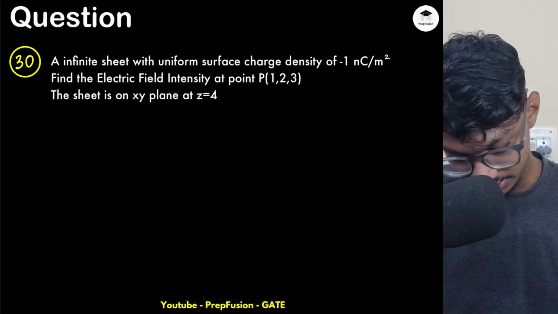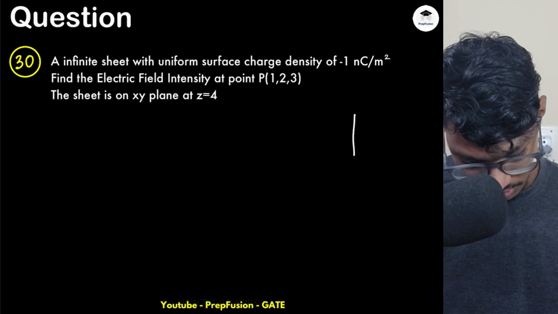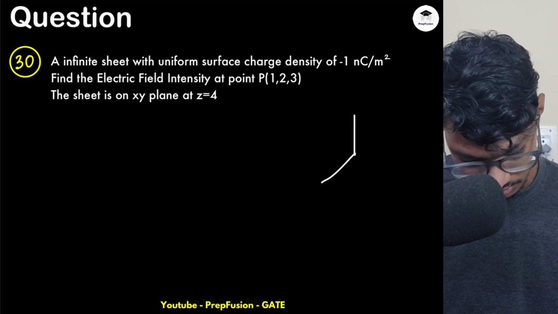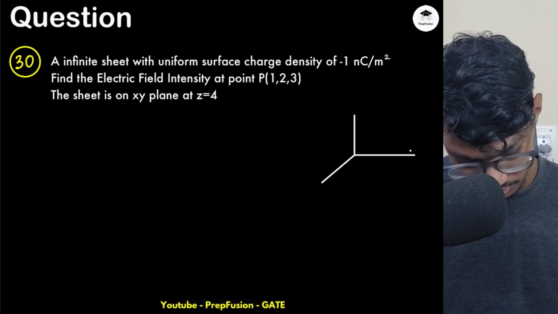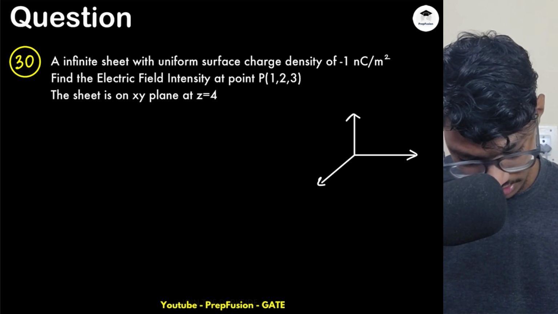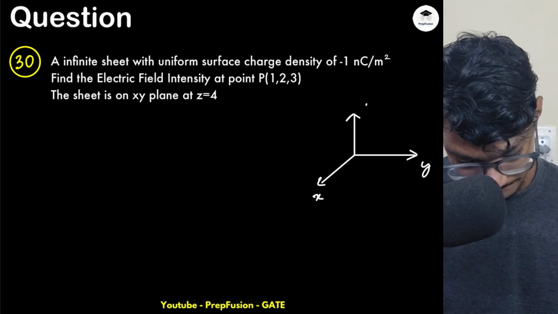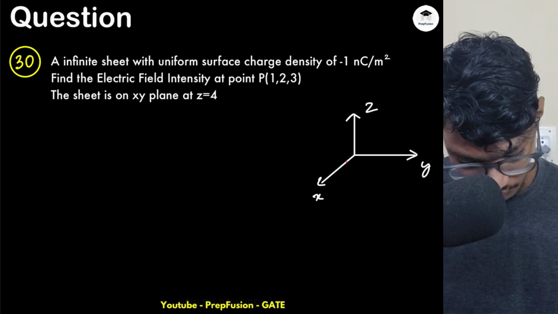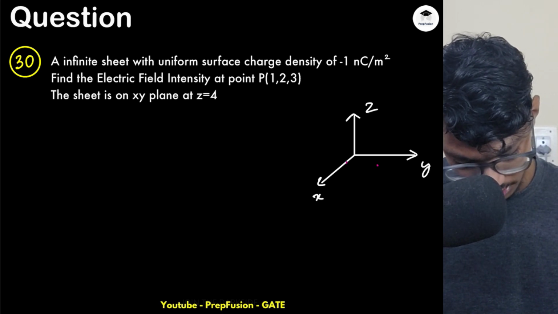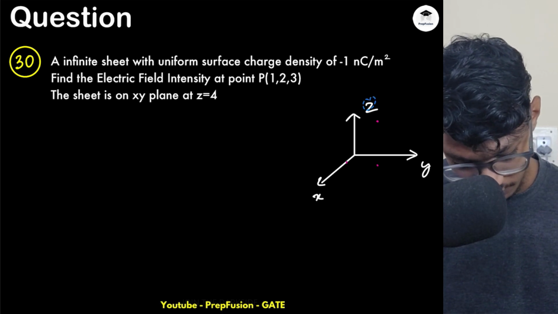So if the sheet is at Z equals to 4 plane, what will happen here is that, let me mark the coordinate axis. So my point is somewhere around here. X, Y, Z. Point is 1, then 2, then 3. Point is here. But my plane is at Z equals to 4.